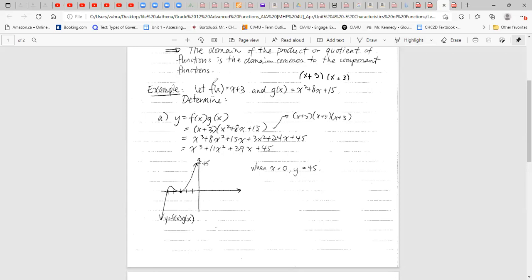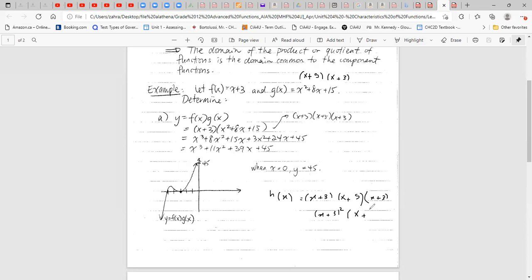Basically, when you want to find the multiplication of that, let's say this is h of x, f multiplied by g means x plus 3 multiplied by x plus 5 times x plus 3. So here is x plus 3 to the power of 2, multiplied by x plus 5.